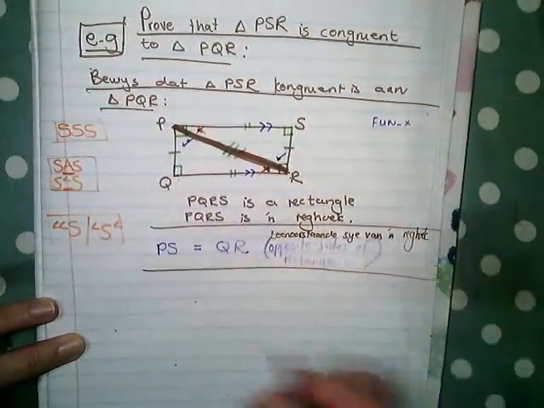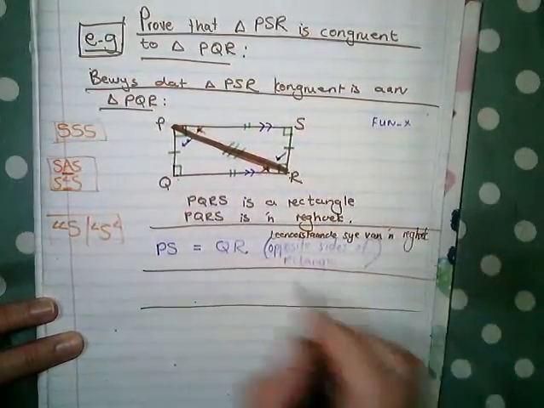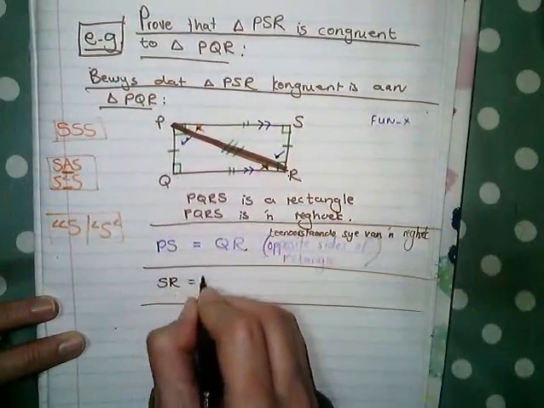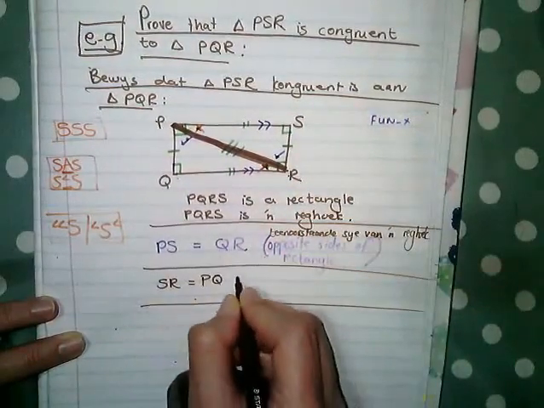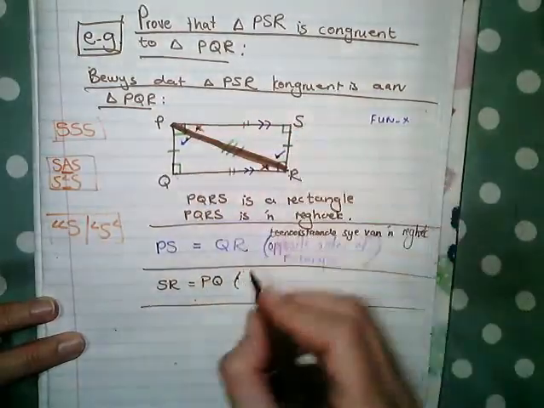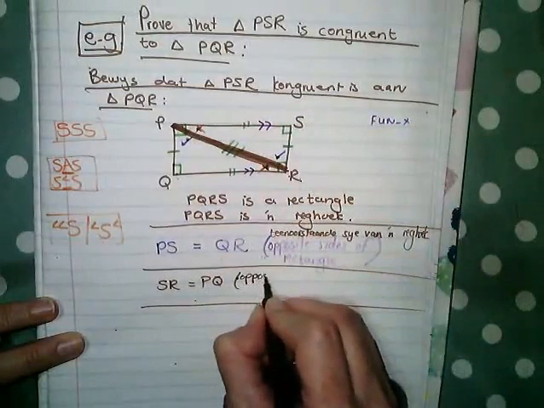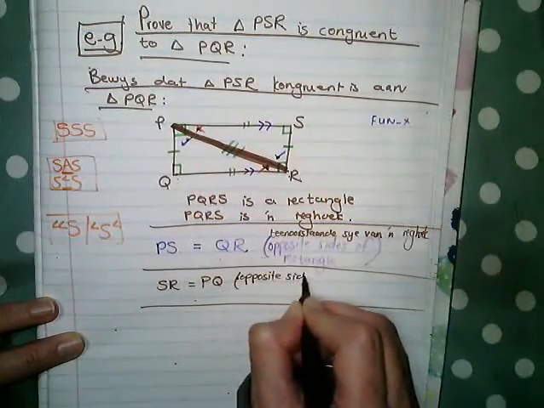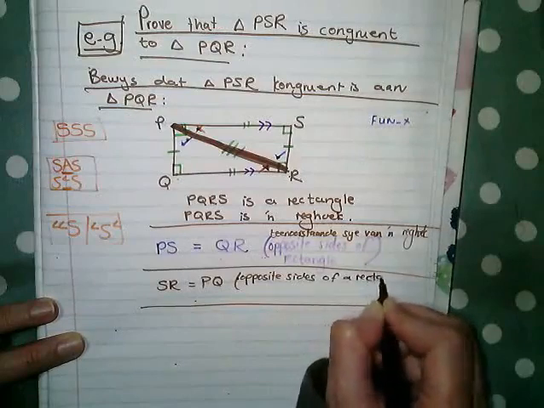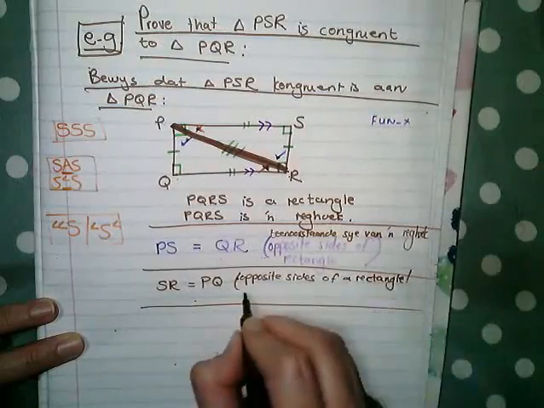The second thing we can say there is that SR is equal to PQ. Why can we say that? Because they are also opposite sides of a rectangle.